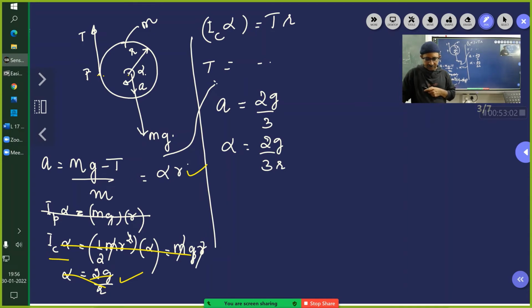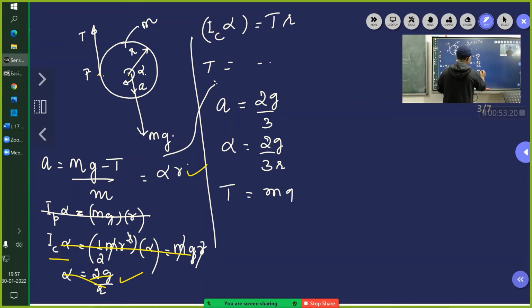Everybody is silent there. Yes, sir, got it. All of you got this? Yes, they have asked for the tension. What is the tension? mg by 3. Okay, mg by 3. You will get it from this. Okay, friends?